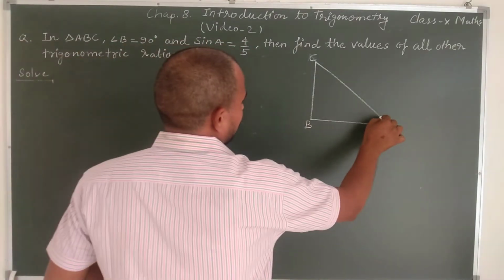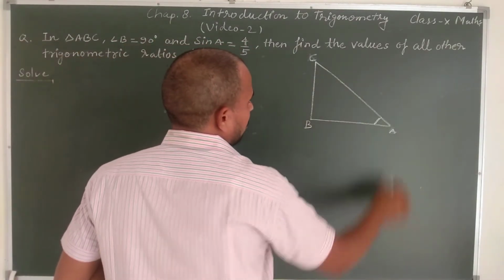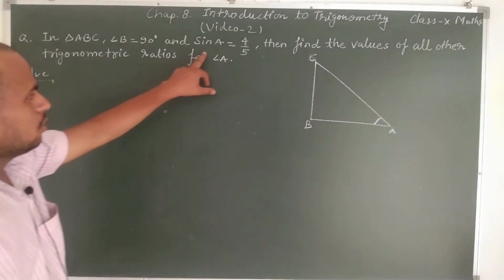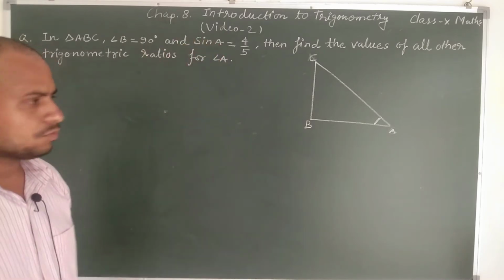So for angle A, we have to find all the trigonometric ratios except sine.